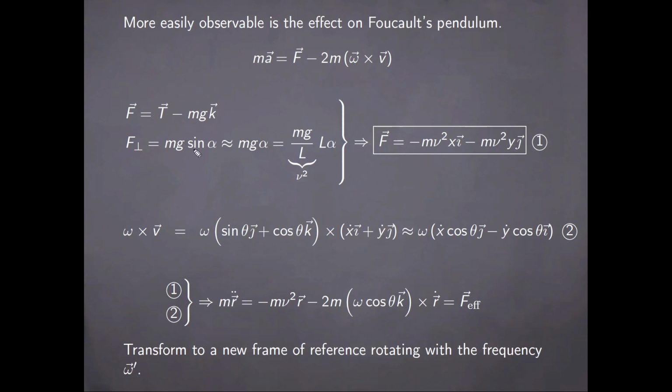And for convenience, we're going to consider that the small angle approximation is true here, which would make sense because in practice this is a very, very large pendulum, and as such in this expression we can multiply and divide by the length of the pendulum, and then we can identify the ratio here with the square of the frequency of oscillations.